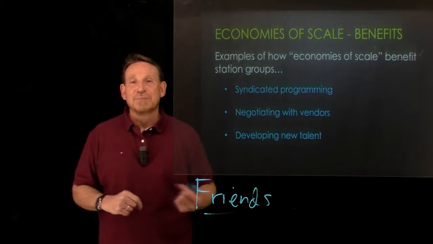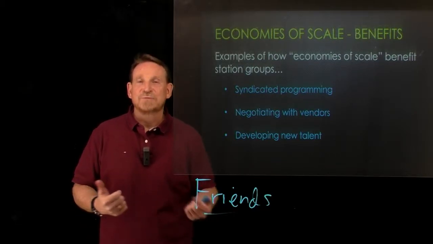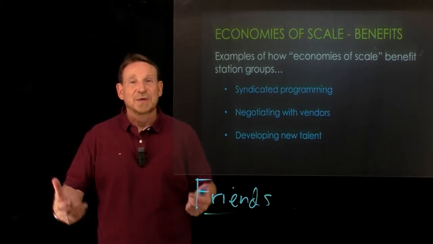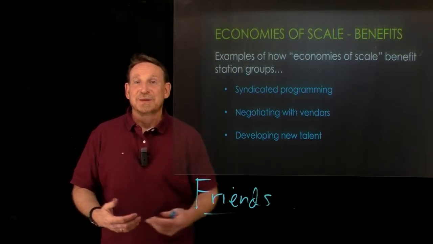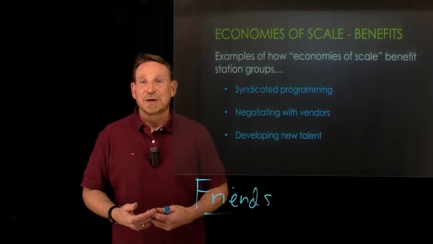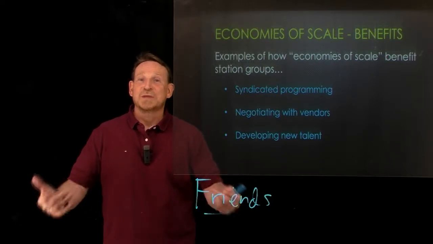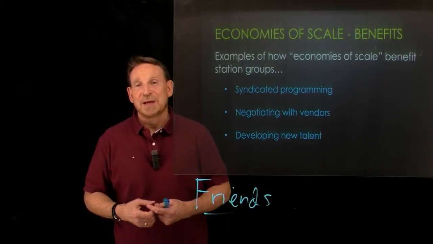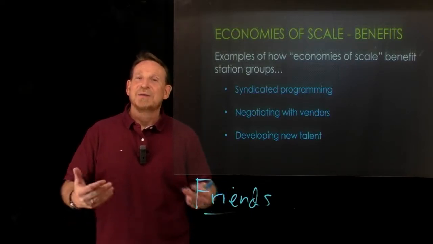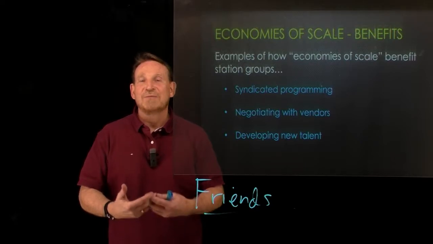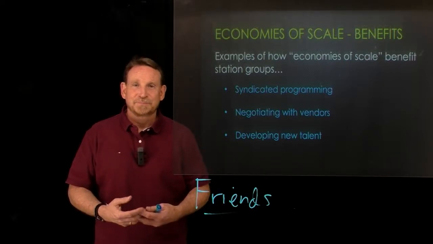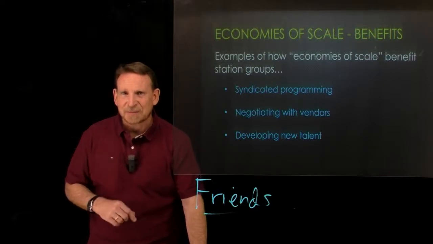And it costs a lot of money to hire and search for new talent. So if you can keep them in, what you're doing is maximizing the ability to make money with them over time. And of course, if you have more stations, you're in touch with better talent and more of it. So the costs of working with talent and moving them forward, advancing them, goes down. So that's the idea of economies of scale.